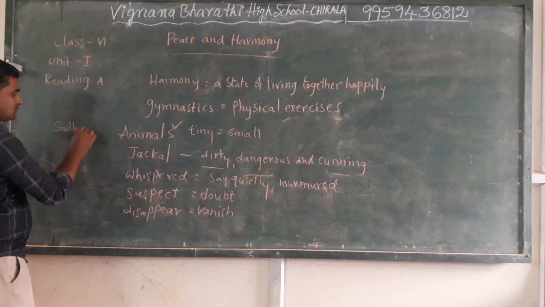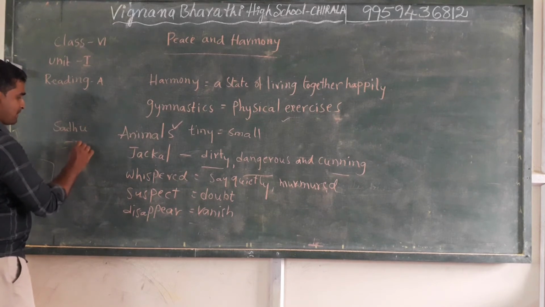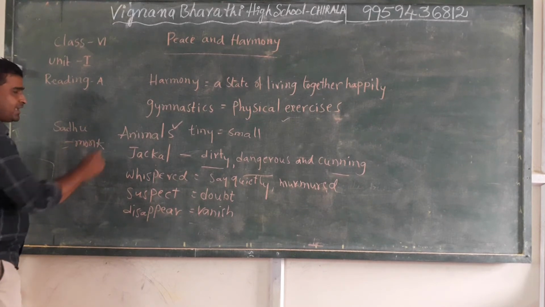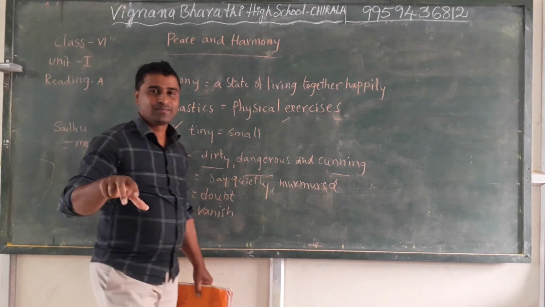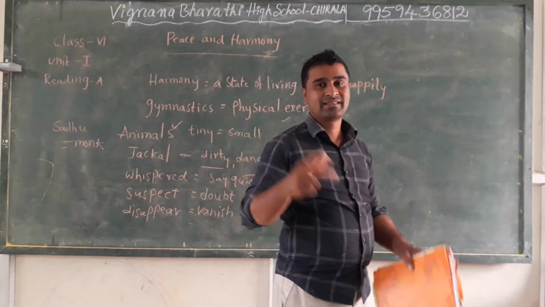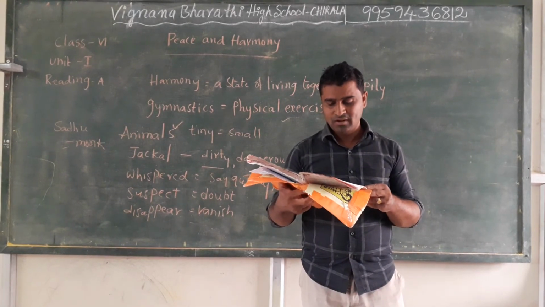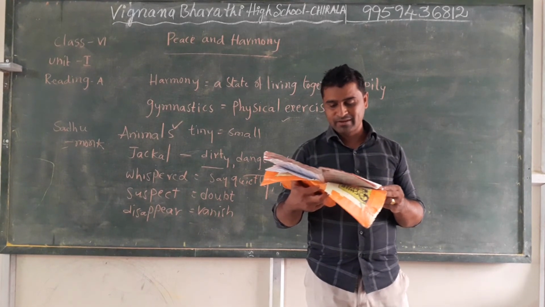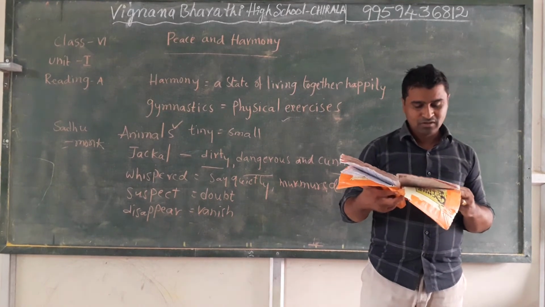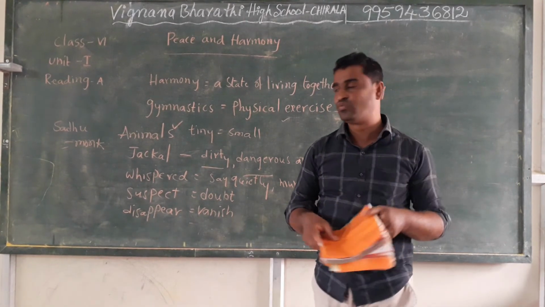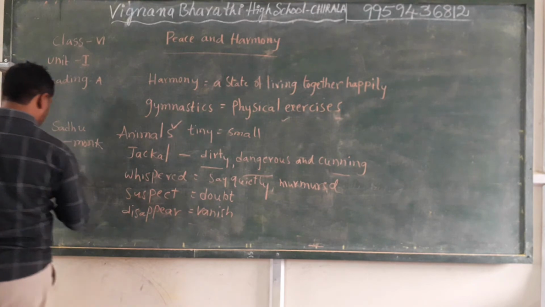Sadhu means monk. He came like a monk among the animals to clear their problems. As soon as the sadhu appeared in the forest, the animals and the birds approached him to narrate their tales of woe. Woe means sadness.